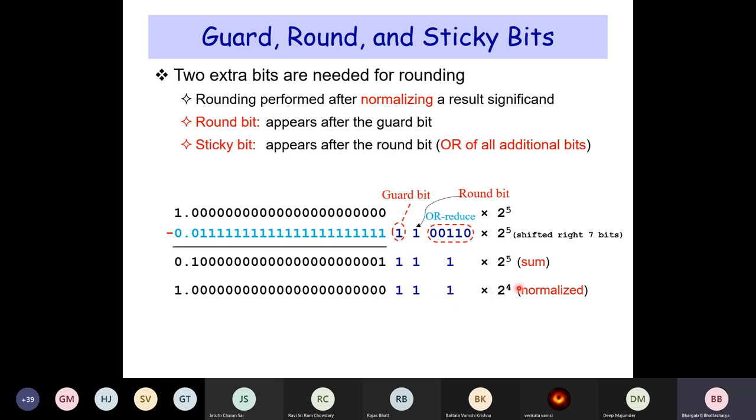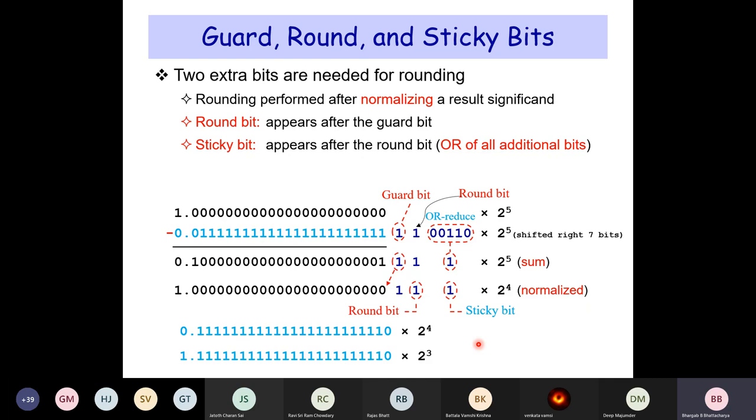And then when you normalize it, you keep shifting and so on. And finally, you may need to round it, because see, there is a round bit 1 and a sticky bit 1. It means that there are significant values which have been shifted out. In case of rounding, that information may be useful.